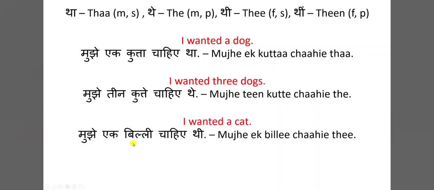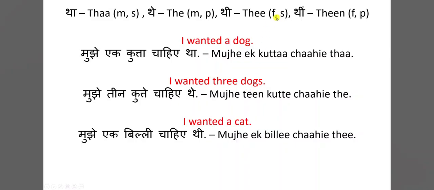Okay? Next, I wanted a cat. मुझे एक बिल्ली चाहिए थी. Here, thi is selected because we have a cat as the object. A cat is singular and cat is feminine in Hindi.